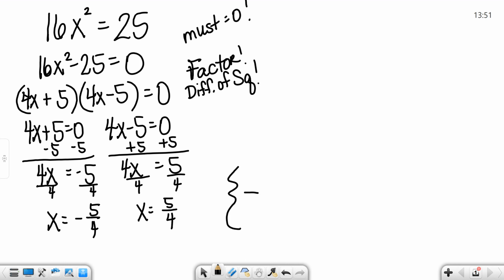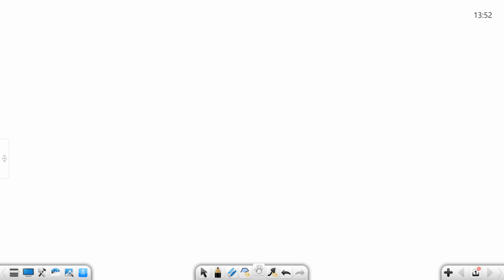So my solution set would be negative 5/4 and positive 5/4. There we go. All right. Hopefully this is making a little more sense to you about why we even factor in the first place. But so we could solve these cool little problems.